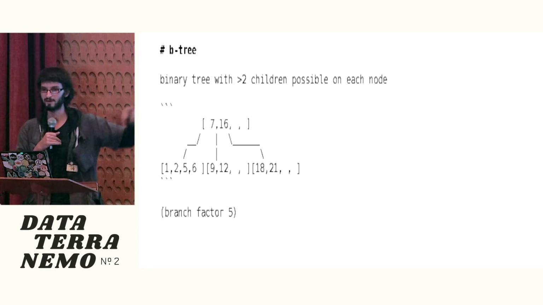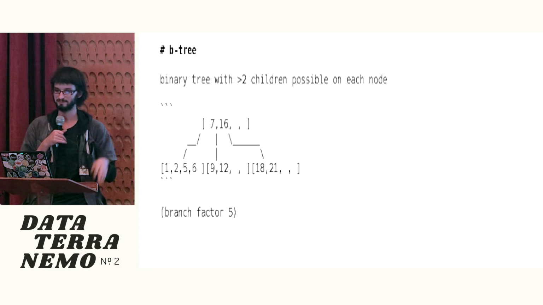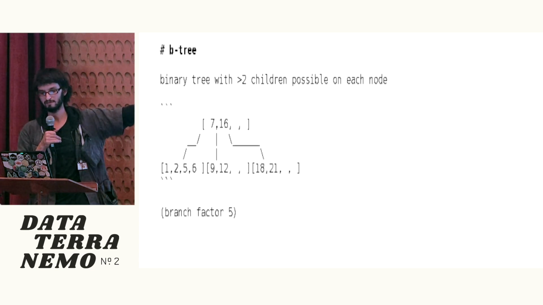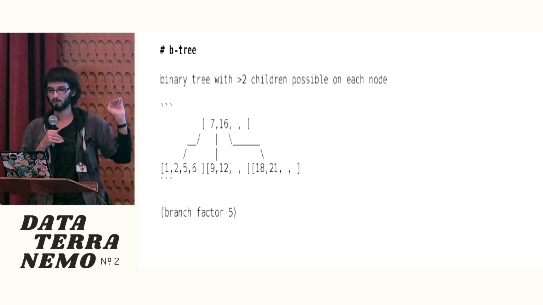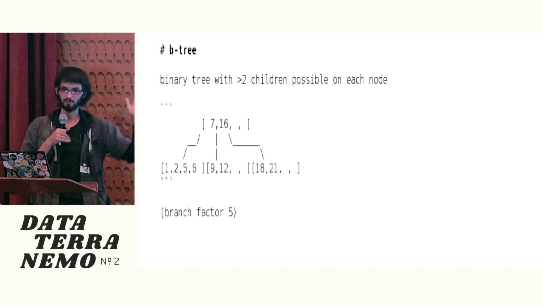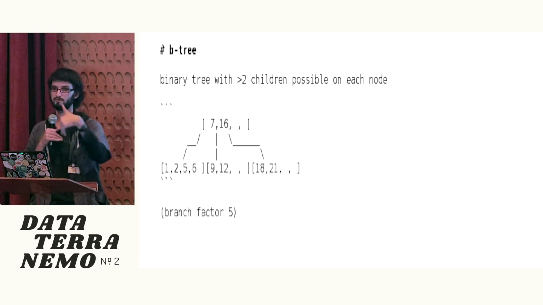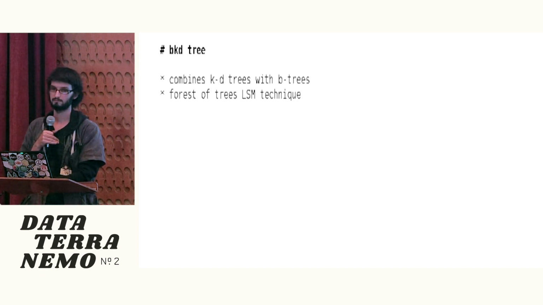This is the diagram on Wikipedia for a B tree that I converted into ASCII here. This also has a branch factor of 5, so you could fit 4 values into each level of this B tree, but you have 5 child nodes because you have one on the leftmost and then the rightmost. So you have +1 in the number of nodes.